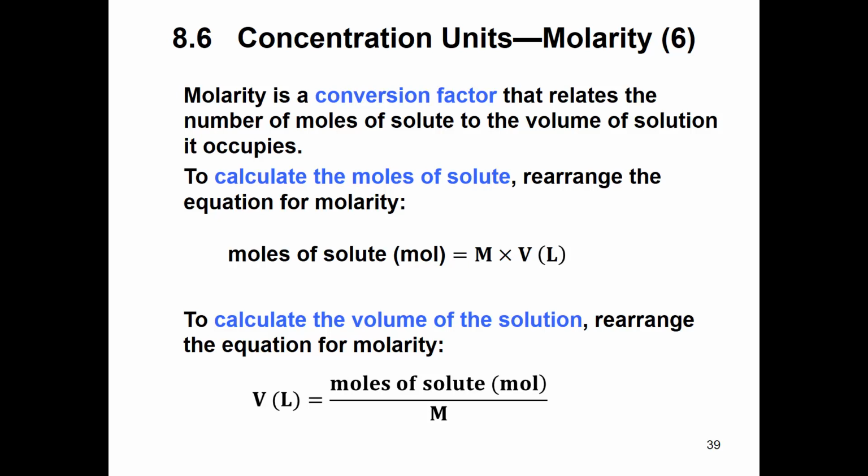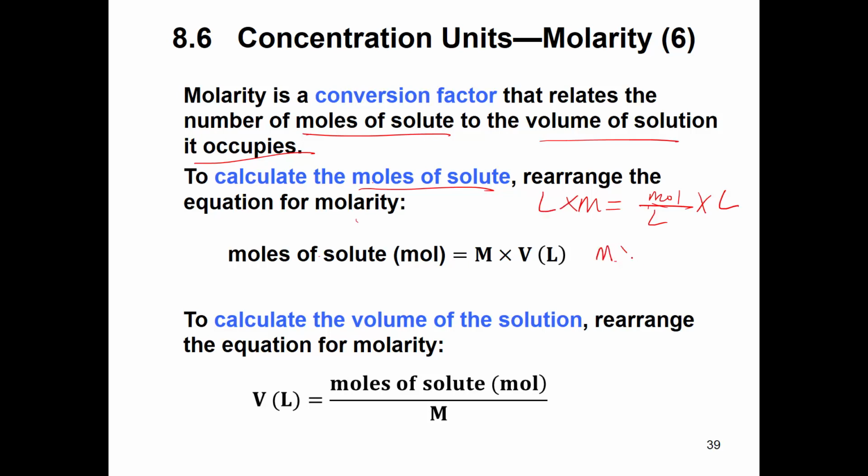So molarity can be used as a conversion factor when you're given the concentration in molarity, and it relates the moles of solute to the volume of your solution, so you can actually solve for one of those if you know what the concentration is. To calculate the moles of solute, you can just rearrange molarity equals moles of solute per liter of solution, multiplying both sides by liters.